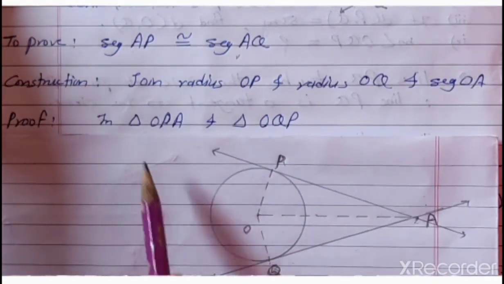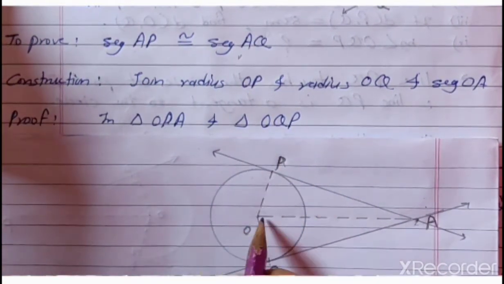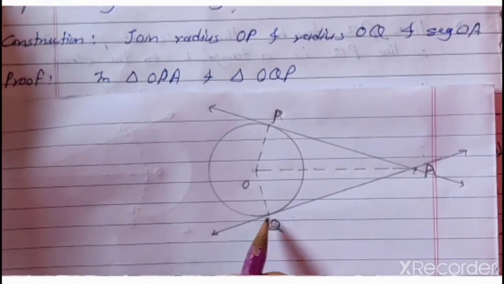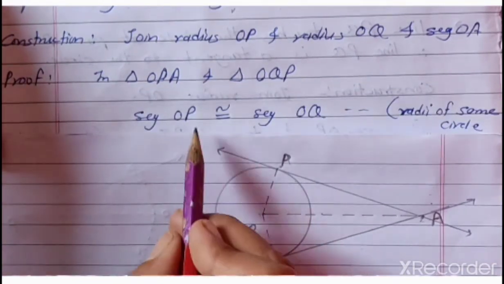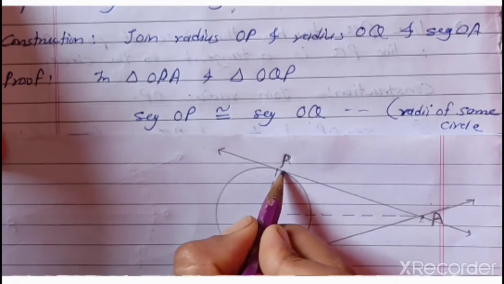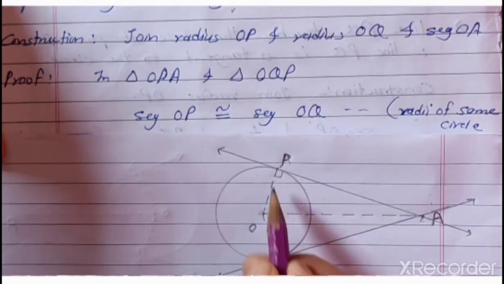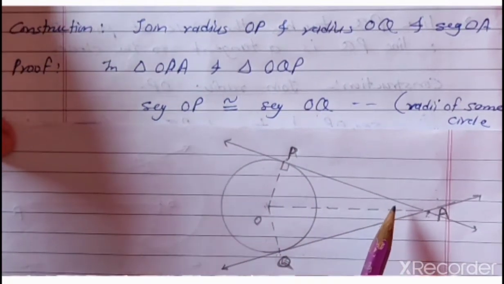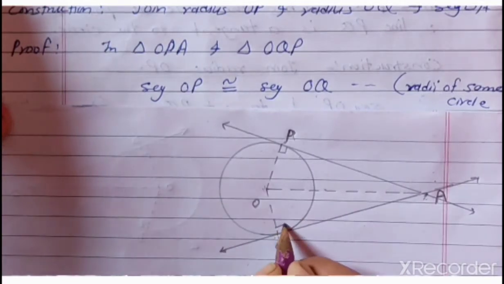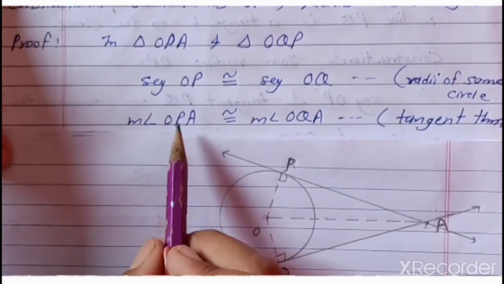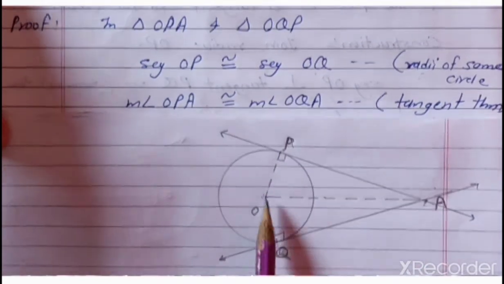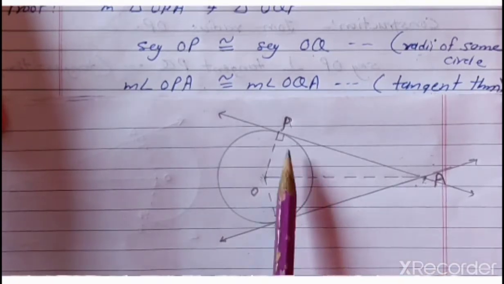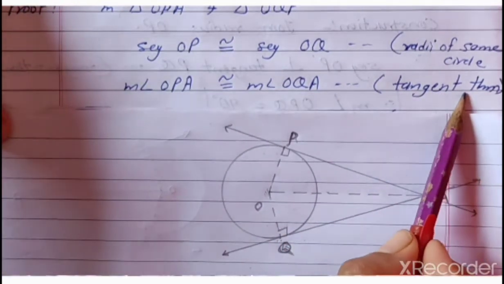In these two triangles, OP and OQ are radii of the same circle. So these two segments are congruent. Next I am using this angle: because OP is a radius and PA is a tangent, by the tangent theorem these two angles measure 90 degrees. So angles OPA and OQA are congruent, both having 90 degrees.